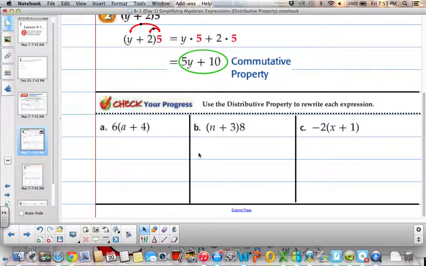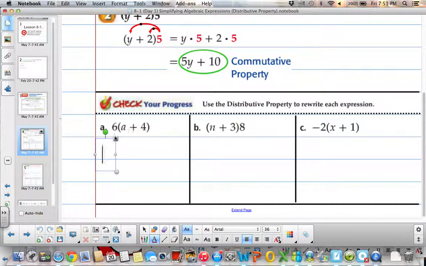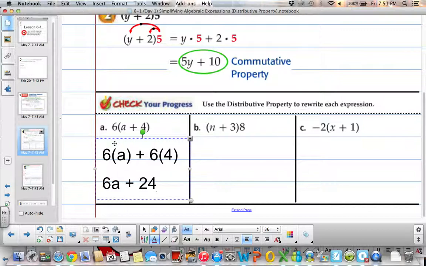Okay, so I want you to take a second and pause me and solve these 3 problems. So our 6 would go out with the a and with the 4, so we would have 6a plus 6 times 4. So then we'd have 6a plus 24.